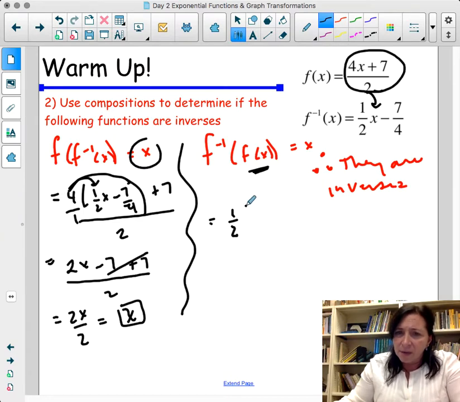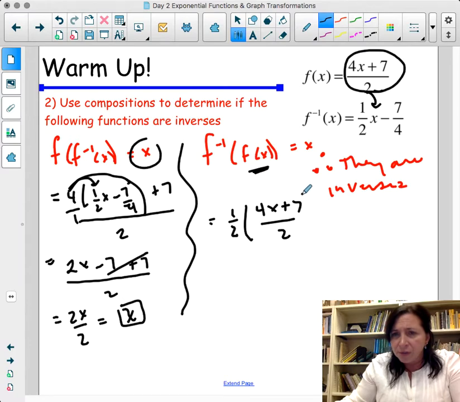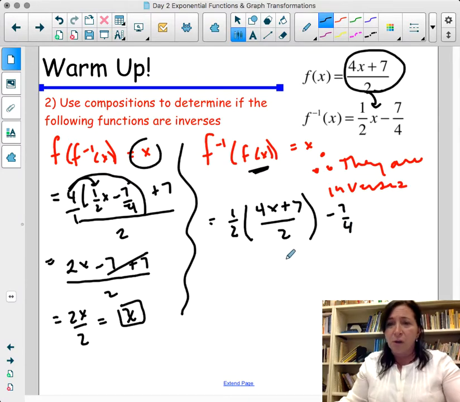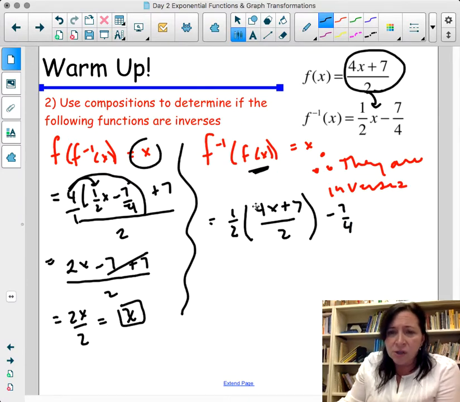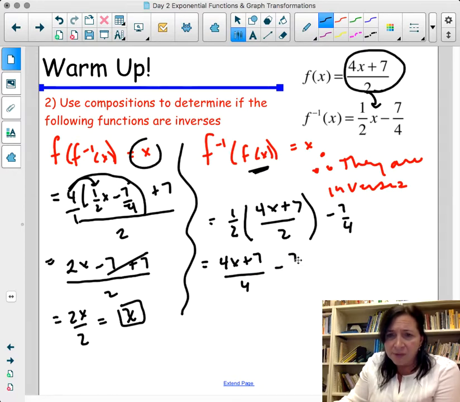Well, x is now, parenthesis, 4x plus 7 over 2. And then now I've got to go minus 7/4. And that's it. It's not all over anything. It's just that. So I'm going to distribute my 1/2. And what that means is this 1/2, 1/2, that's going to multiply. So you're going to end up with 4x plus 7 over 4 minus 7/4.